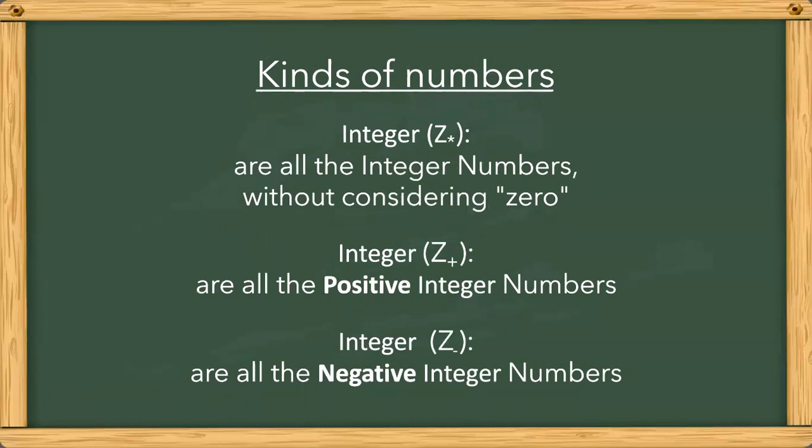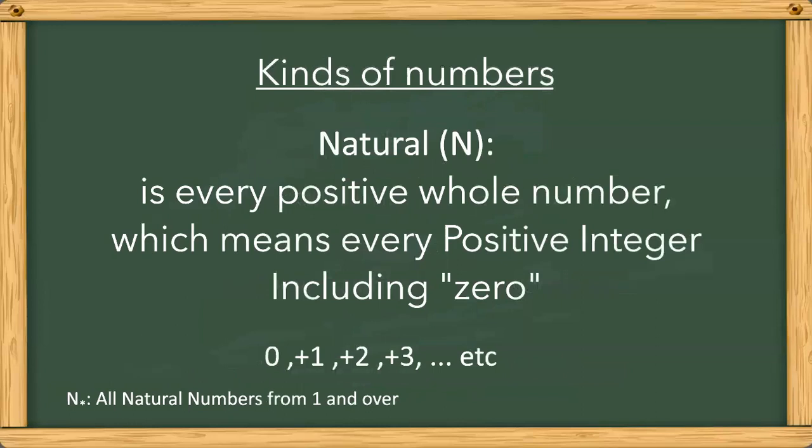The group of integer numbers with the Z plus symbol are all the positive integers, and the Z minus symbolized group of numbers means that we have all the negative integer numbers. The natural numbers now are symbolized by the capital letter N from the word natural.